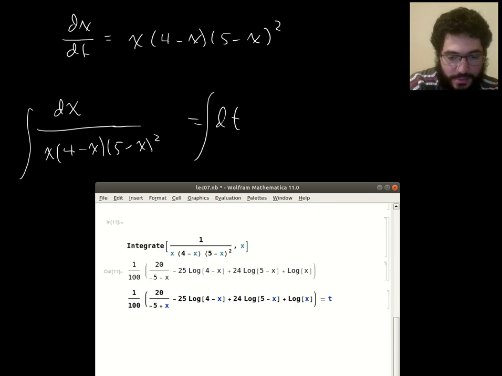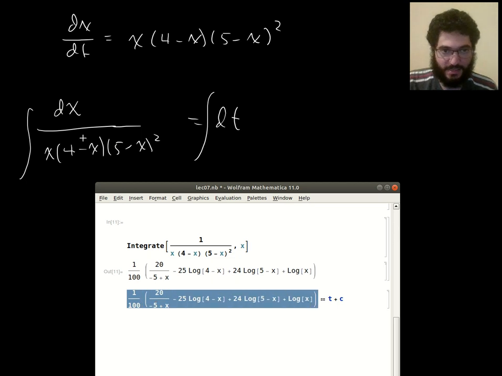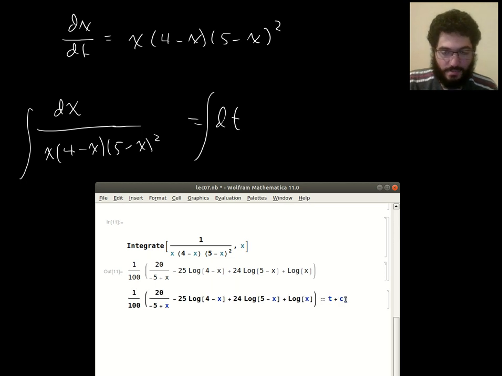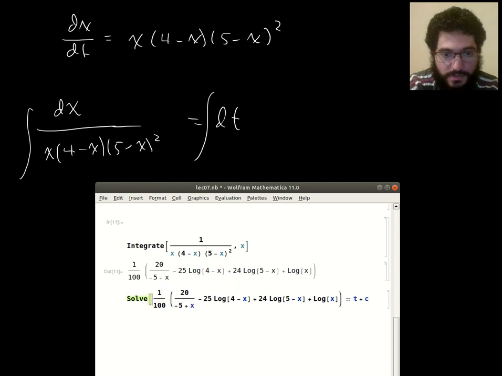Basically what I have is this equation: this stuff is the left-hand side, equals t plus c. I'm using lowercase c rather than capital because Mathematica uses capital C for something else. And I want to solve this for x to get an explicit solution.